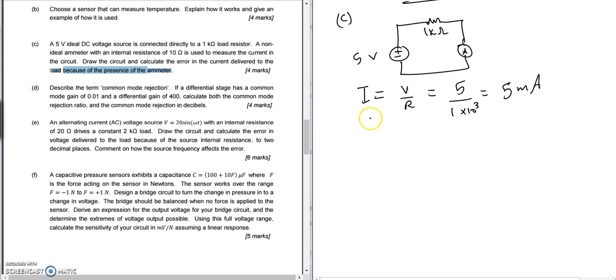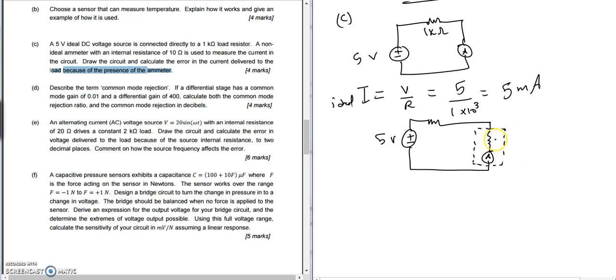Okay, so this is I ideal. Now, given that the ammeter has an internal resistance, the new circuit will look like this. This is 10 ohm, and this is 1 kilo.